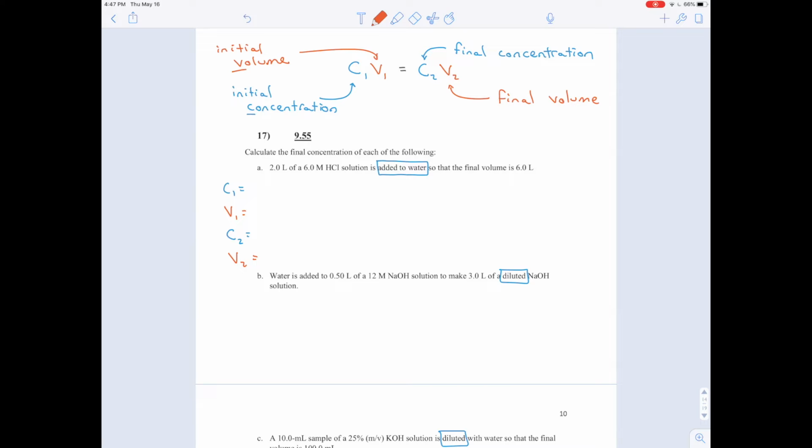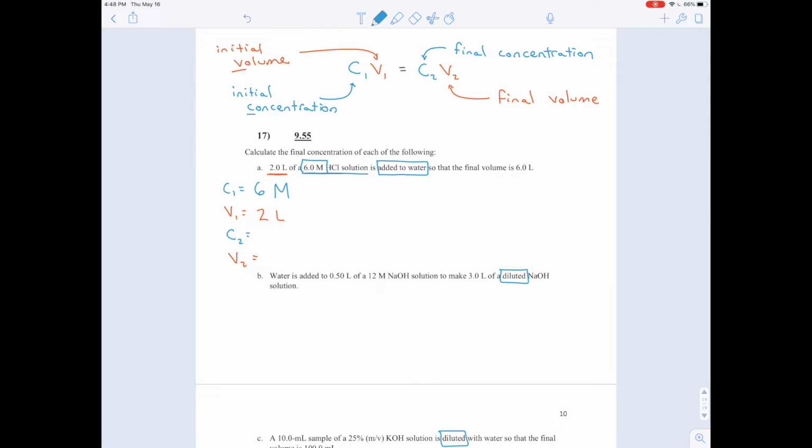So we have 2 liters. That is the first volume that they're giving us. So 2 liters of a 6 molar solution. Now 6 molar, that's the unit for concentration. And you can put any units in for C1. You just have to make sure that they're going to be the same units that you get out, so you have to make sure that they're what you want when you get out.